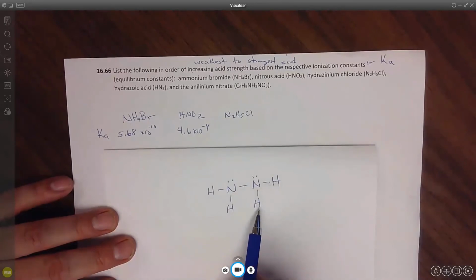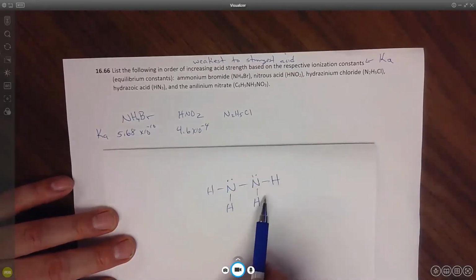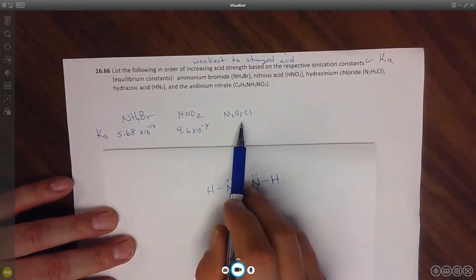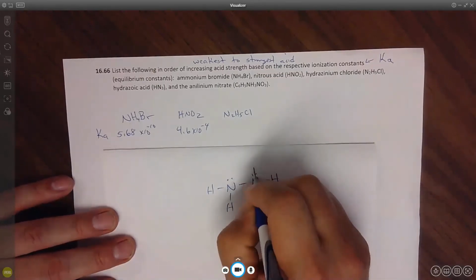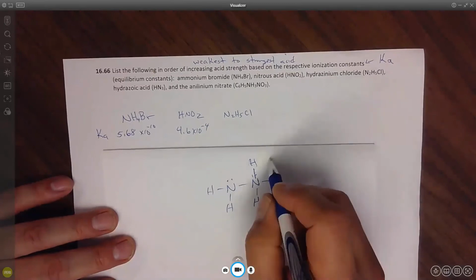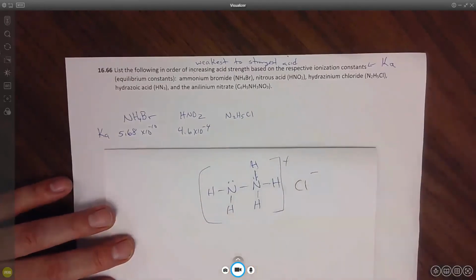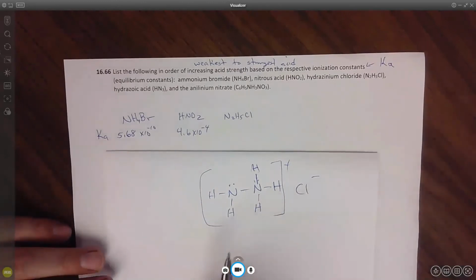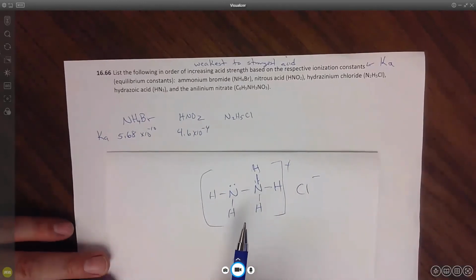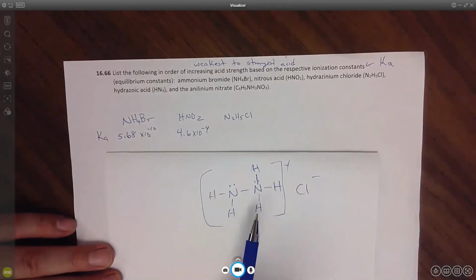Wait a minute, but yet I have another hydrogen, which probably did this as an H plus, leaving this behind. So by drawing the Lewis dot structures, you could tell.